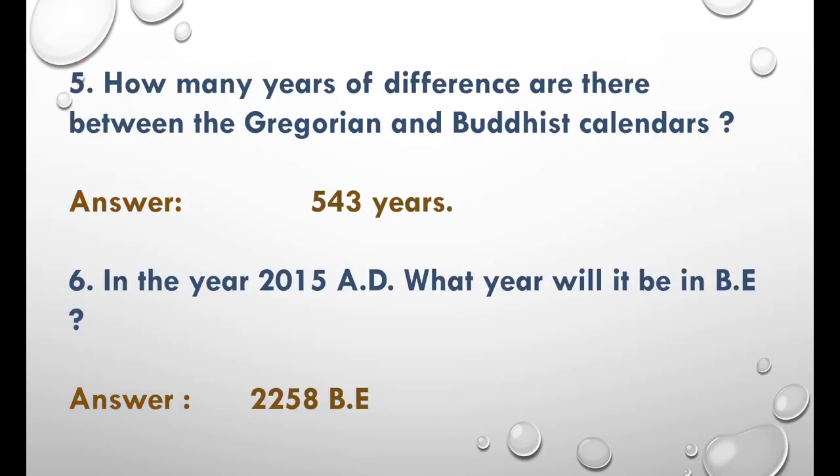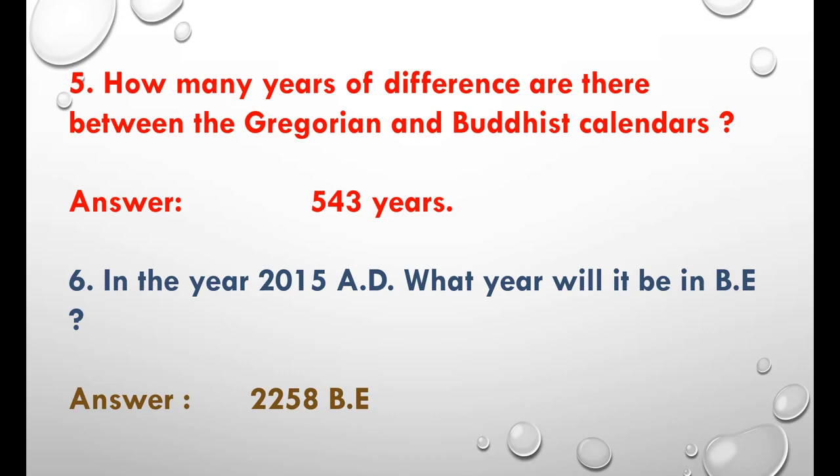Next question. Follow after me. How many years of difference are there between the Gregorian and Buddhist calendars? Answer: it has 543 years ahead of the Gregorian calendar.